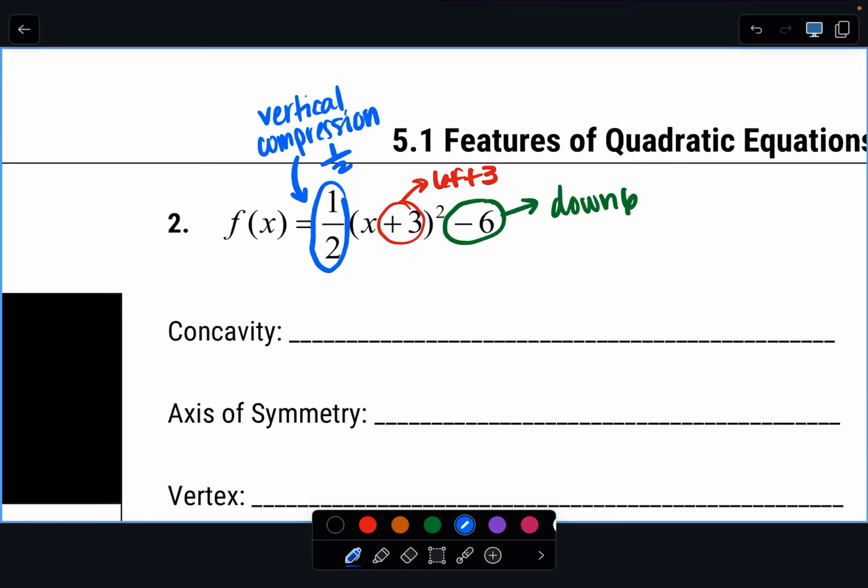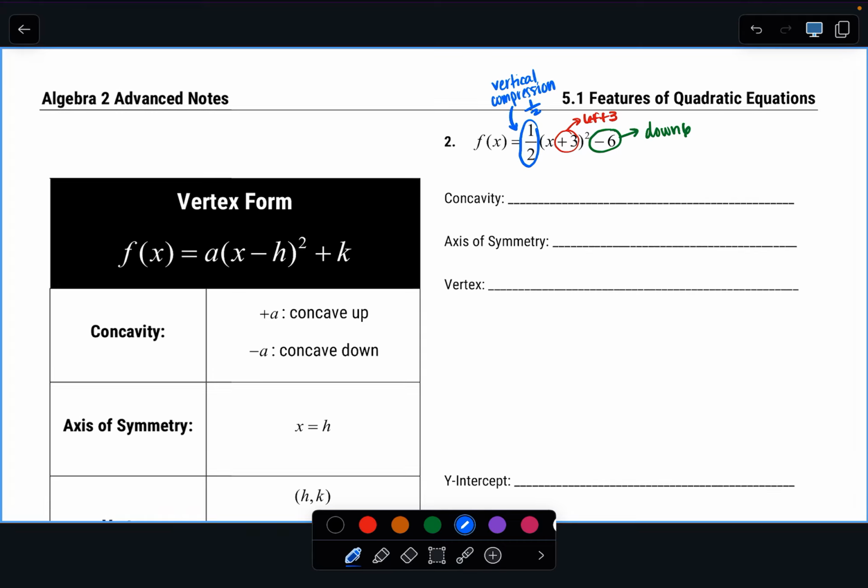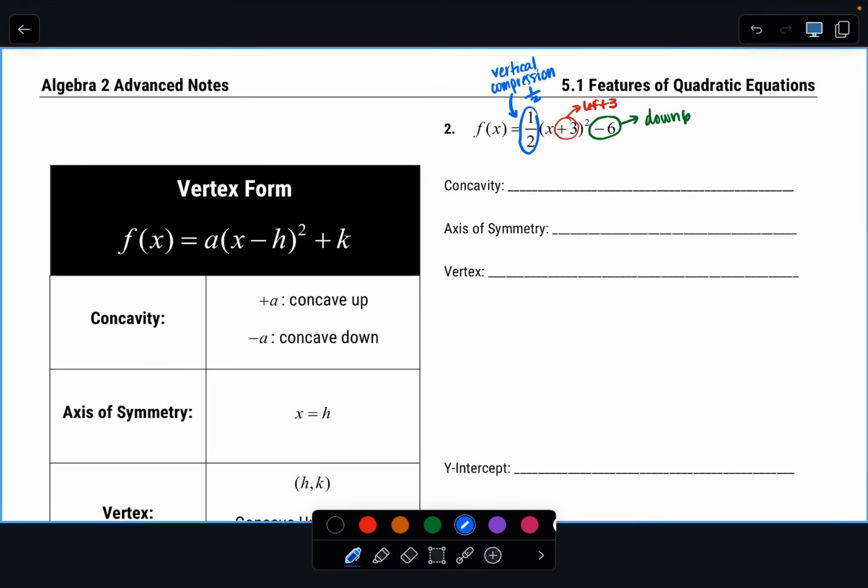But the nice thing about this, and I'm going to relate it to the formula that you have on the vertex form side, you should notice that in the writing of the equation, it has HK. And we just talked about where this graph is going to move.